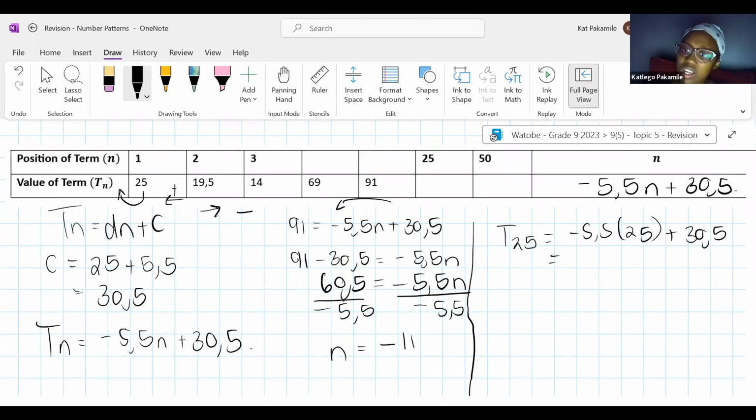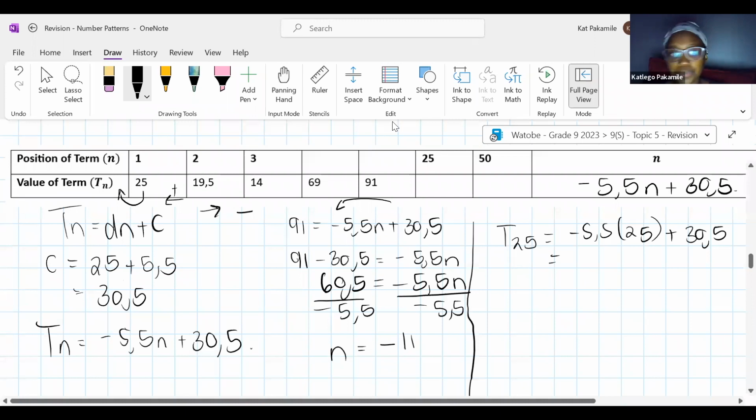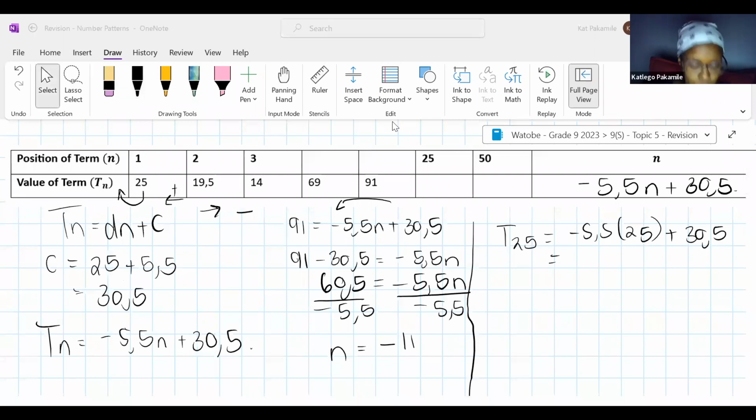Negative 137,5 plus 30,5. Let's see if we all got the same answer. Yay, we did. So in position 25, we have negative 107.